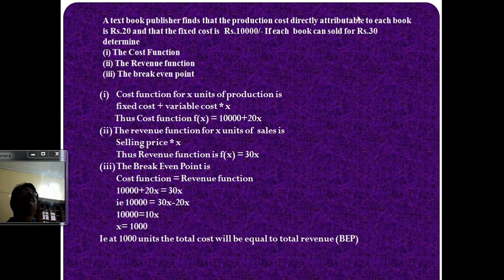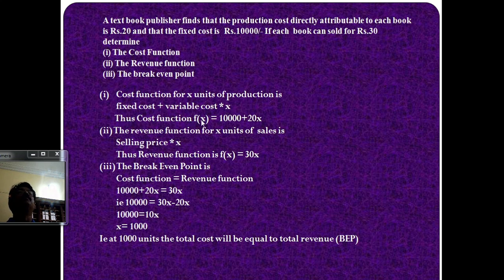Here two costs are given, one is the fixed cost and another one is the variable cost. If you are producing x units of this book, then the cost function is equal to fixed cost plus variable cost. Variable cost is found by variable cost per unit into the quantity produced. We are considering x as the quantity produced.